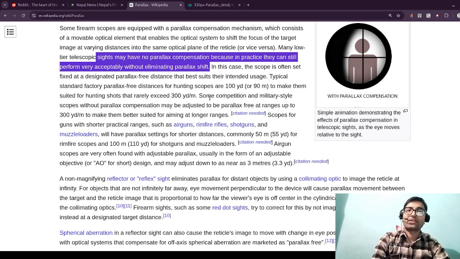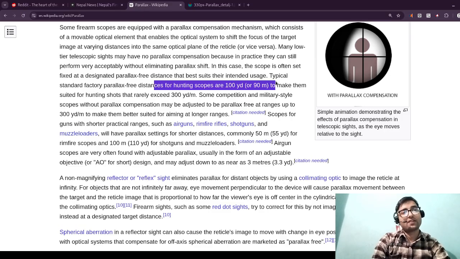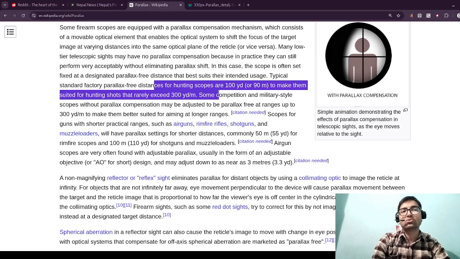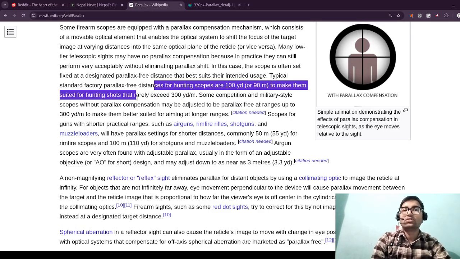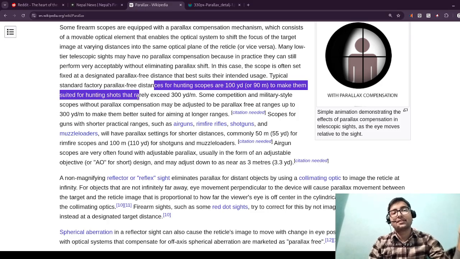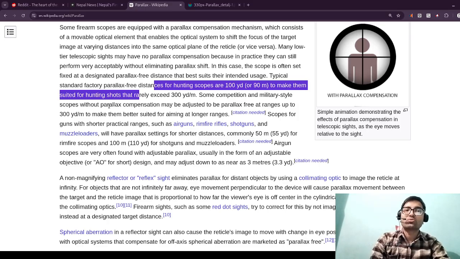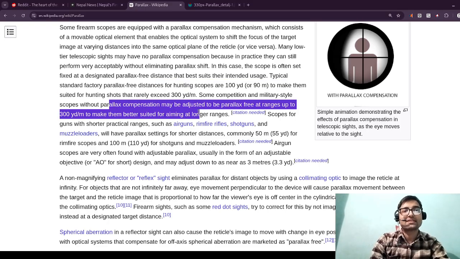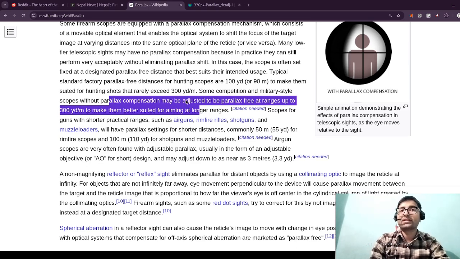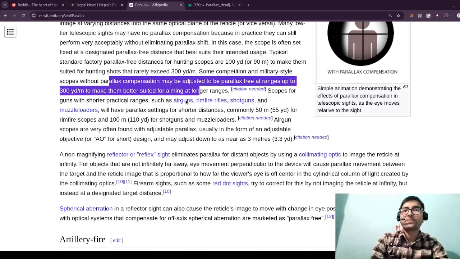Typical standard factory parallax-free distances for hunting scopes are 100 yards or 90 meters, to make them well suited for hunting shots that rarely exceed 300 yards or meters. Some competition and military-style scopes without parallax compensation may be adjusted to be parallax-free at a range of up to 300 yards to make them better suited for aiming at longer ranges.